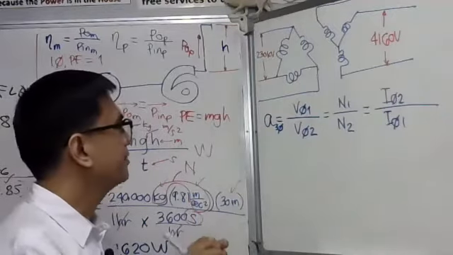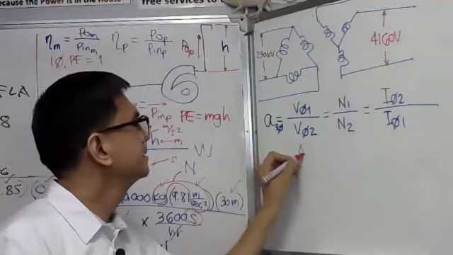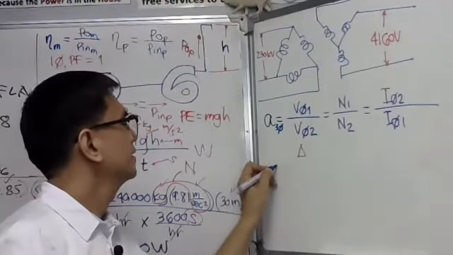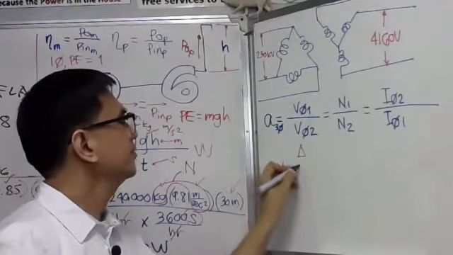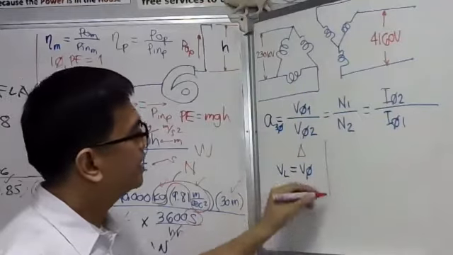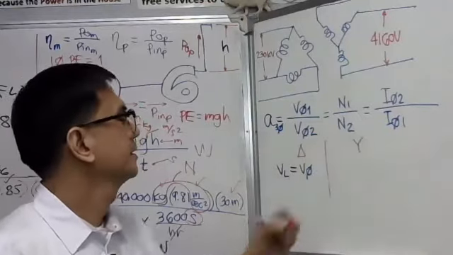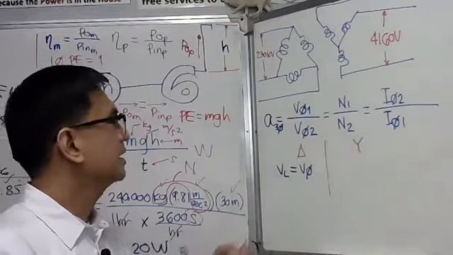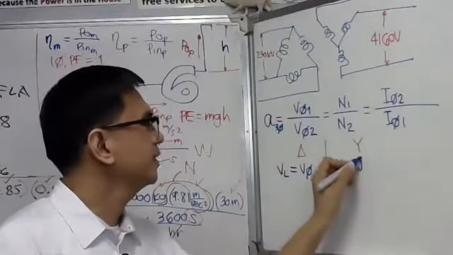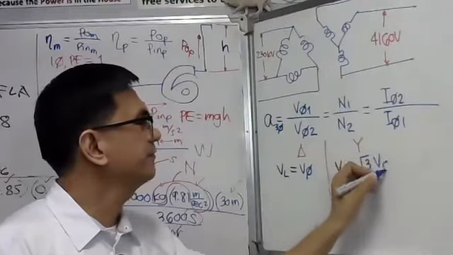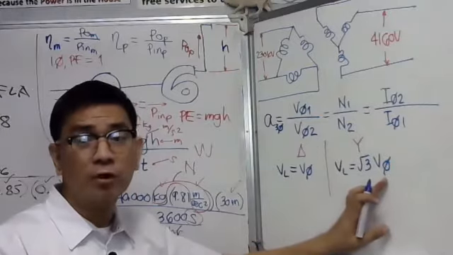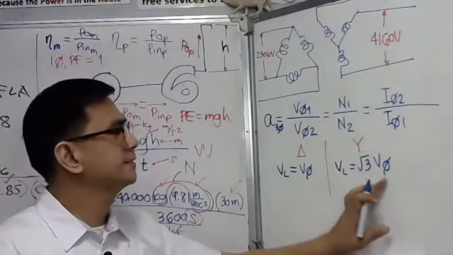In delta, our line voltage is equal to phase voltage, isn't it? In Y, our line-to-line voltage is equal to square root of 3 multiplied by the phase voltage. The phase voltage is what we call the coil voltage.